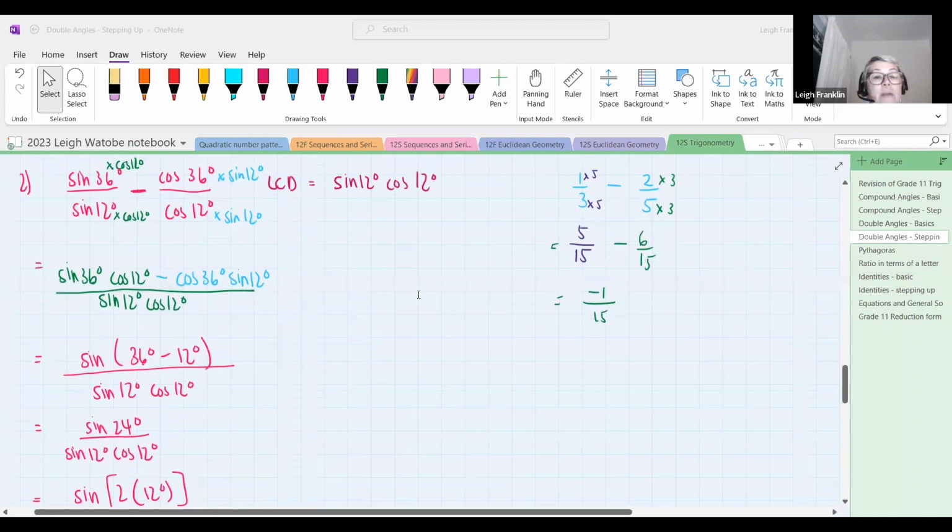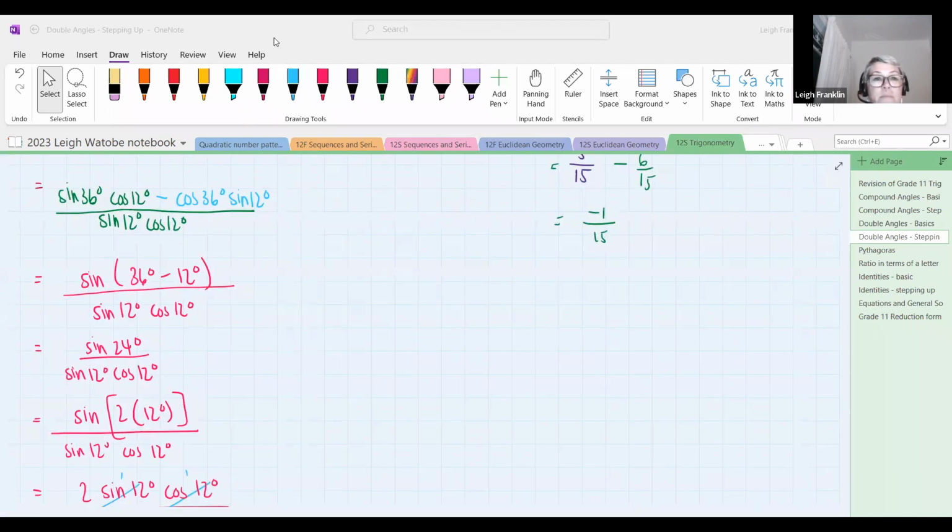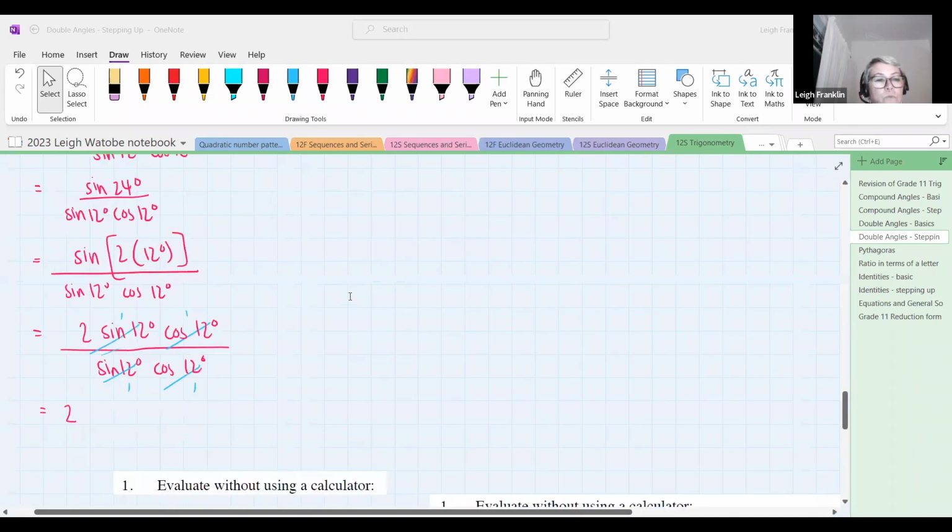Okay, how does everybody else feel? Does this make sense? Ma'am, I have a question. Sure, go for it. Ma'am, can you please explain how the 2 came to the front of sin 12, that whole process there? Okay, so what Zandile was doing is she was expanding this using her sine double angle identity.